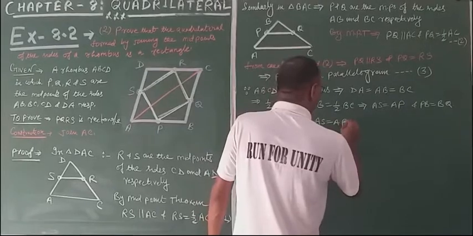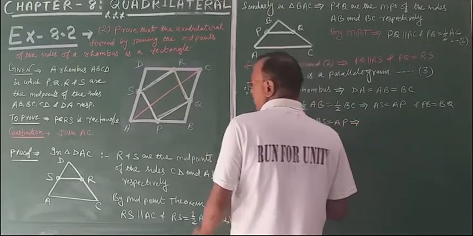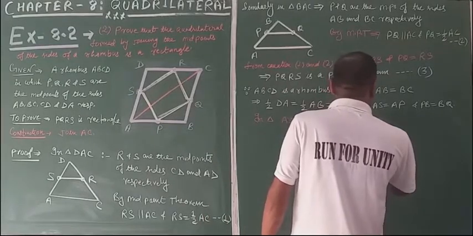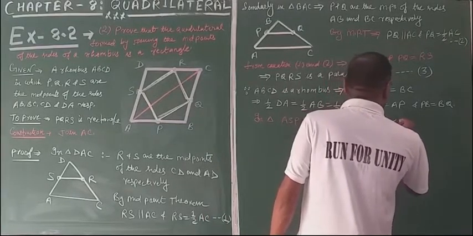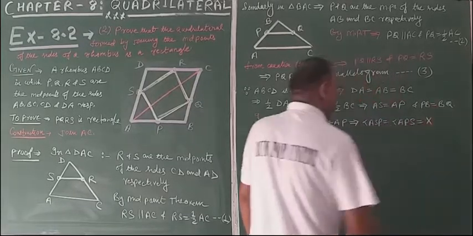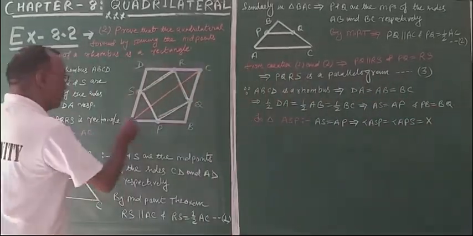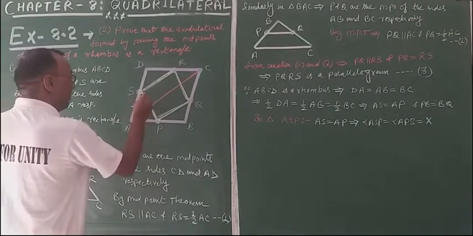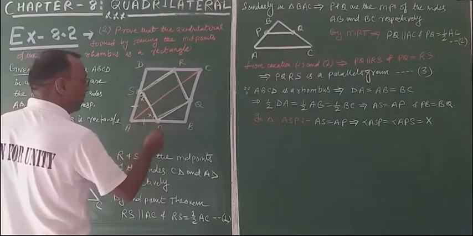Therefore, the angles opposite them are equal: angle ASP is equal to angle APS, and let that be x. These two sides are equal, so this angle and this angle will be equal.